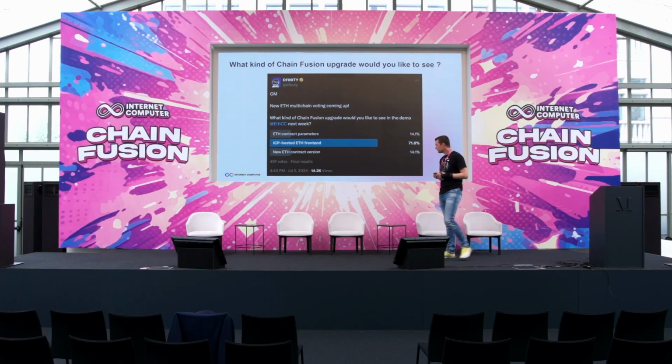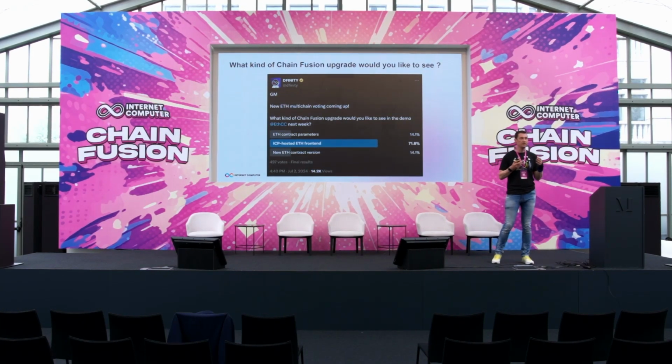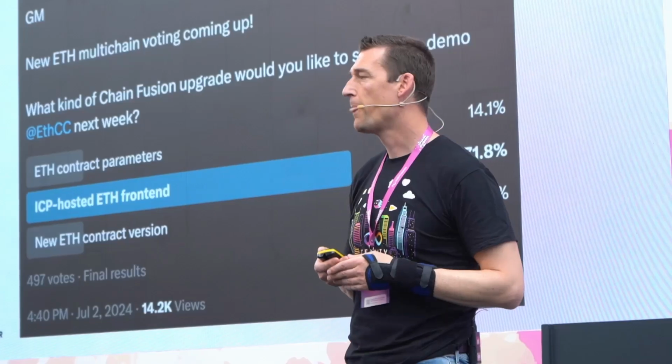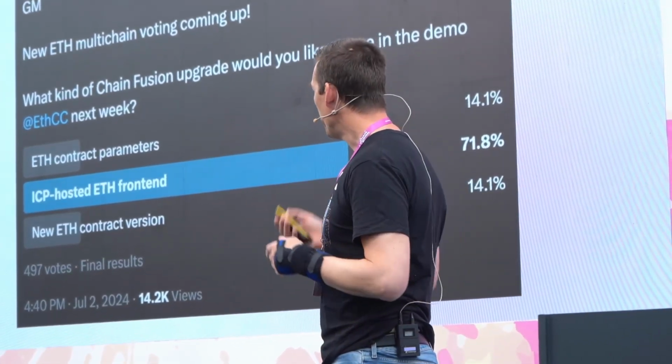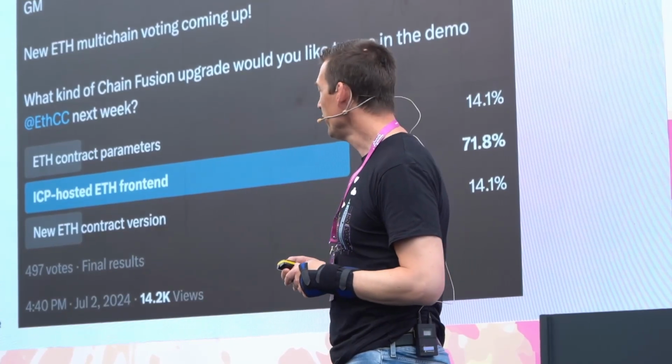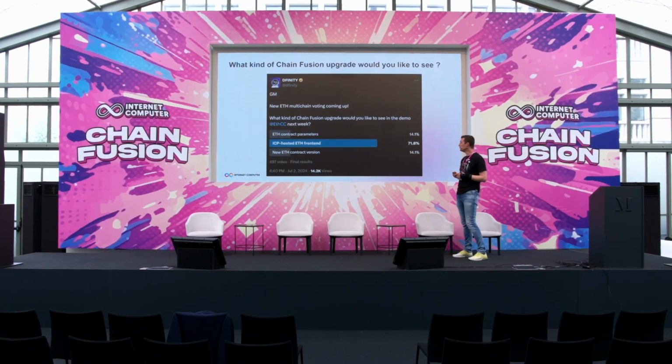So what we saw, most people actually said, it would be nice if the multi-chain voting tool could update a front end, so that for example, the DAO makes a decision on rolling out a new front end. Of course, it could be something else, could be a backend as well, or transfer of tokens, but that was the use case that people chose, and hence we added that to this little tool.